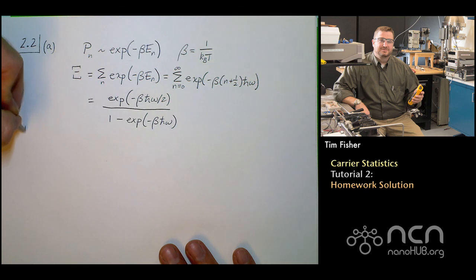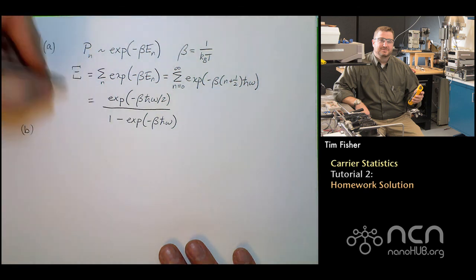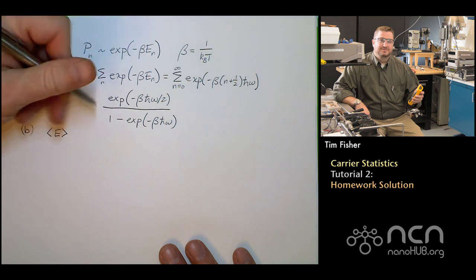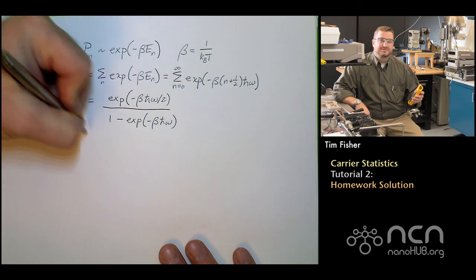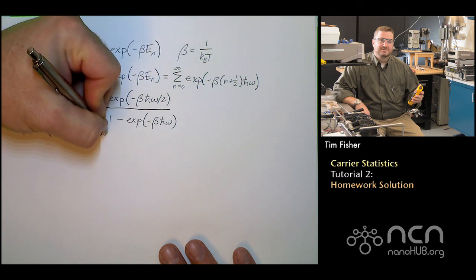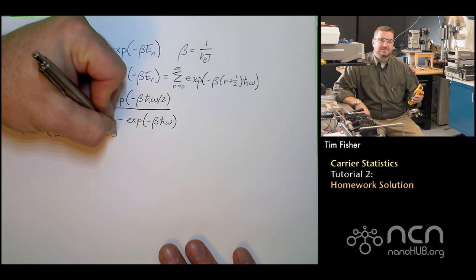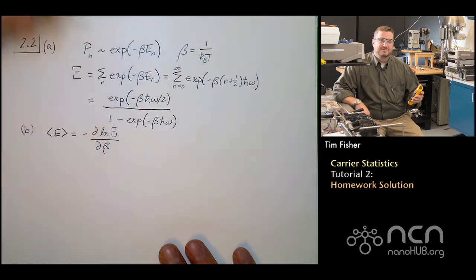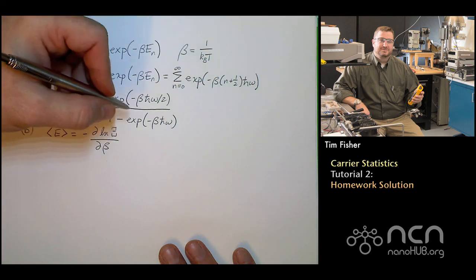For part B, what we'd like to do then is to calculate an average energy. And this, by definition from statistical mechanics, is the partial derivative of the log of the partition function with respect to beta. So beta is that inverse energy, or inverse thermal energy.